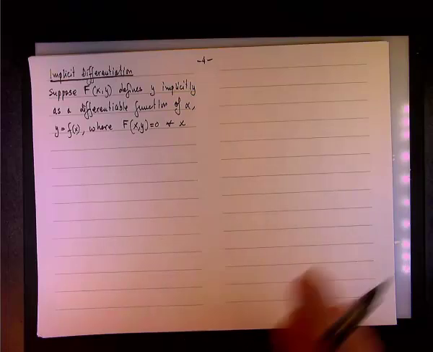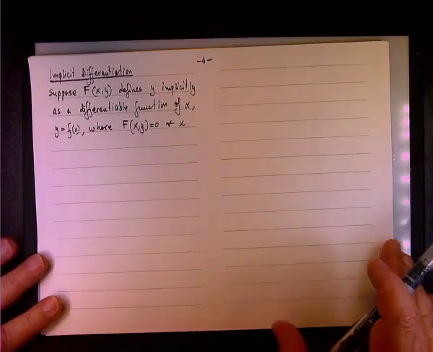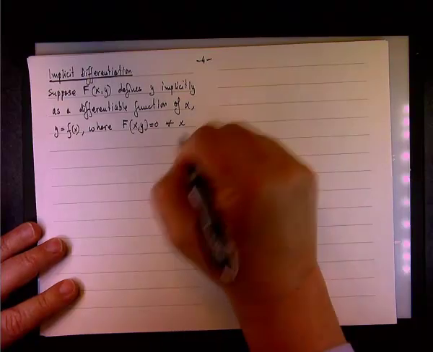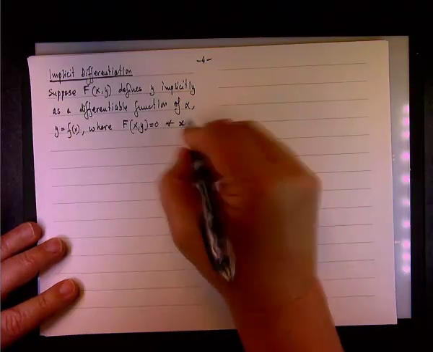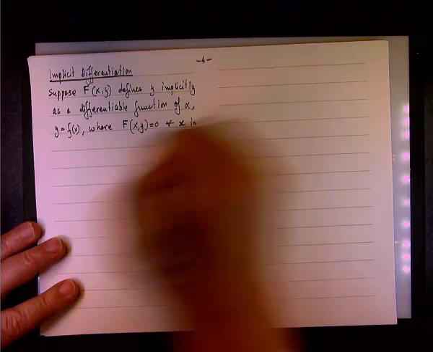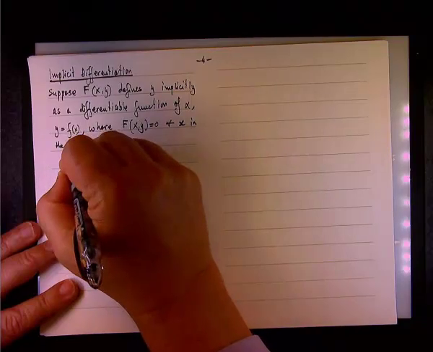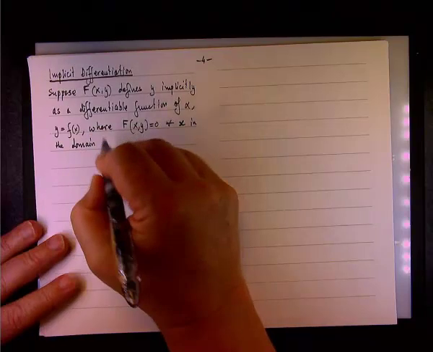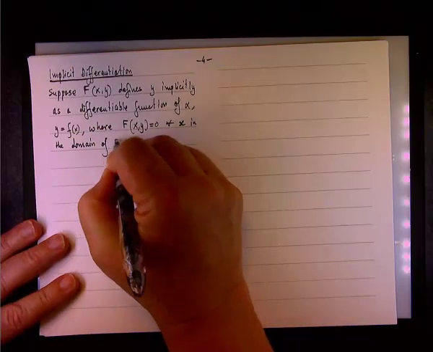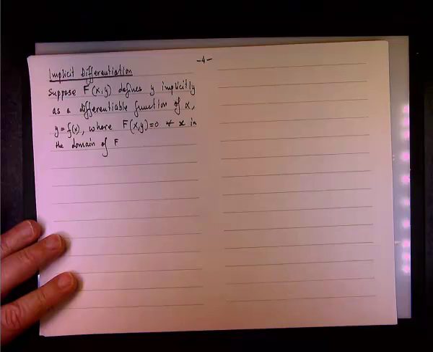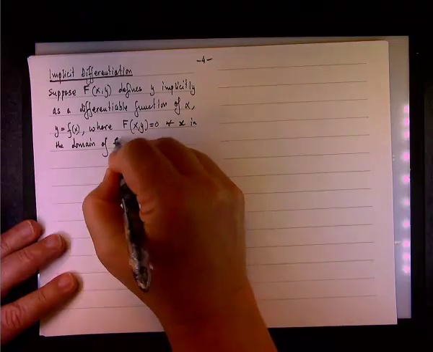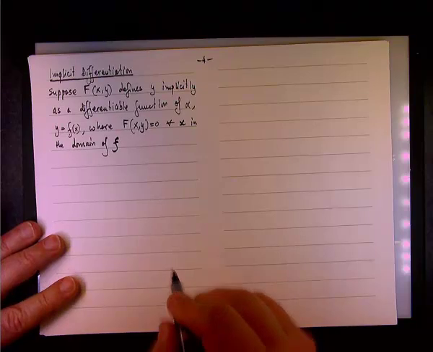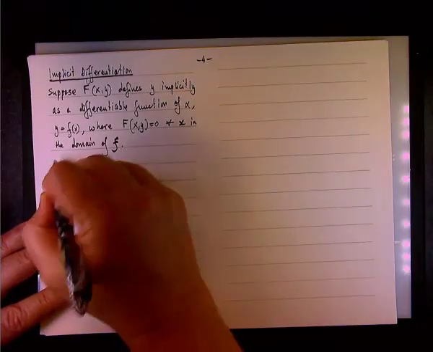It's an equation where all the terms are collected on the left side and the right side equals 0. Here we need to say that for all x in the domain of f, actually that will be the little f right here.